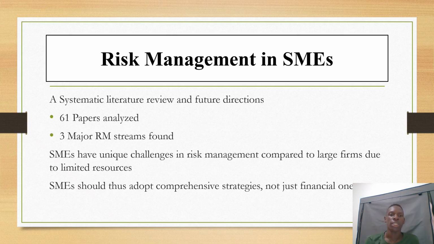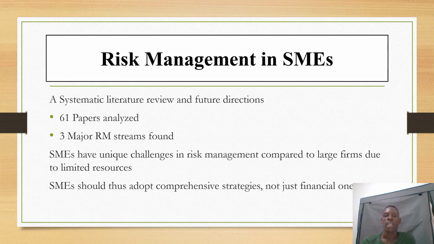There was a systematic literature review and future directions, whereby they analyzed 61 papers and three major risk management streams were found. These enterprises have unique challenges in risk management compared to the large firms. These small scale enterprises usually have limited resources, and that's why they find challenges in risk management.